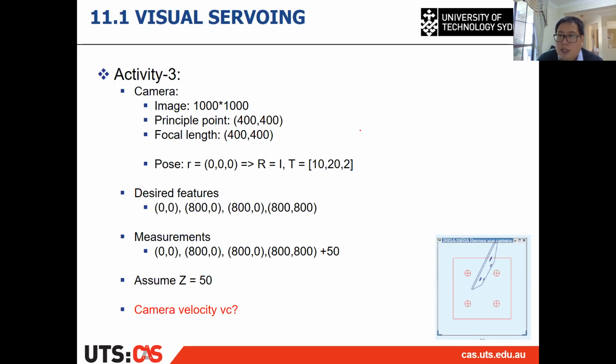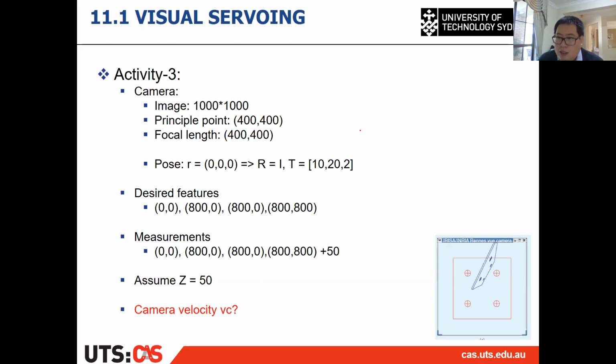So please write the equations of those and also write the real numbers of that. And then you can calculate the pseudo inverse by using MATLAB, and you can also calculate the camera velocity using MATLAB as well. But the thing is, you need to write the numbers you get for the necessary variables.